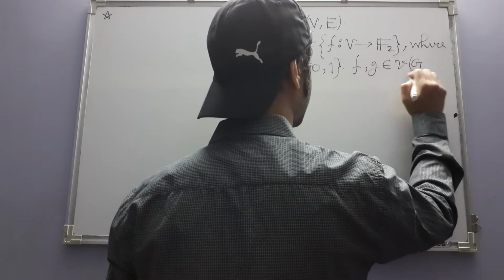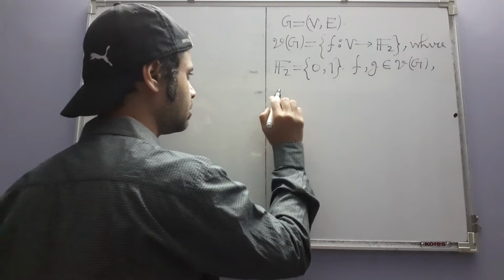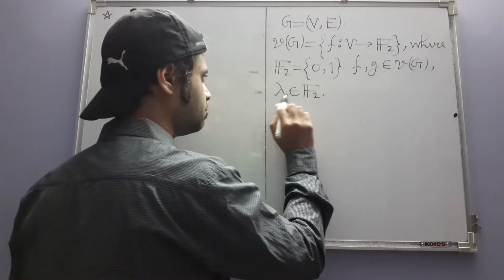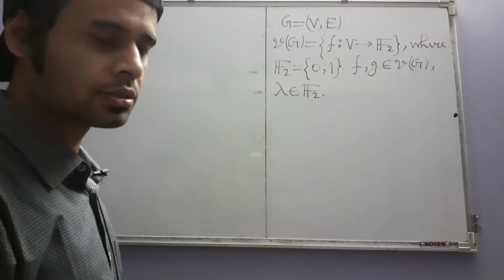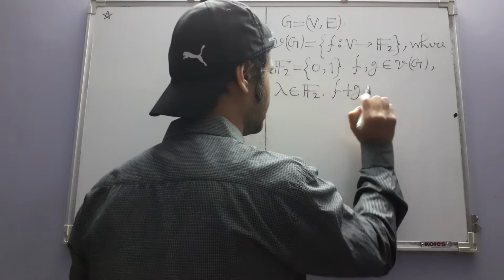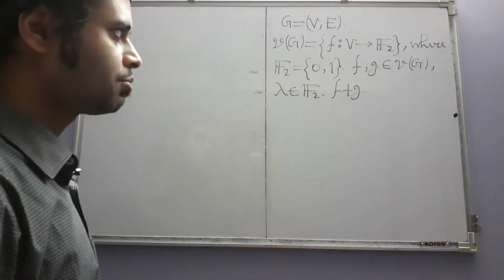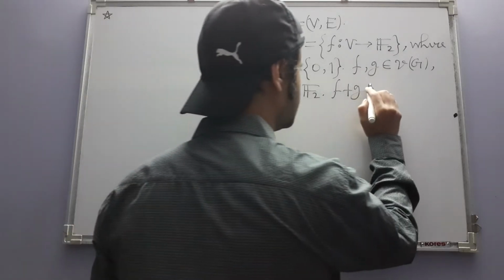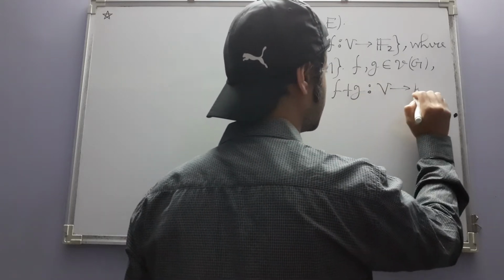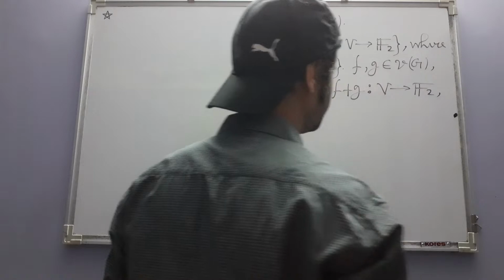Say you take two elements f and g in this set and you take a scalar lambda from F2, which is obviously going to be either 0 or 1. What we then do, we define the addition like this. The sum of f and g is the function, just like f and g themselves, it's also a function from V into F2.